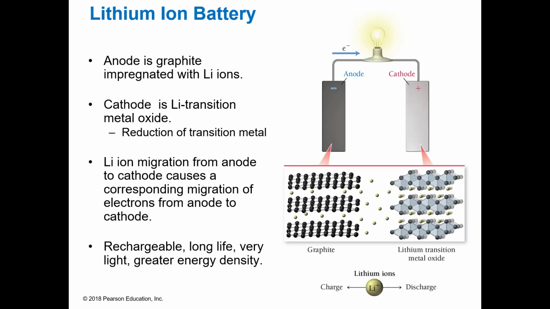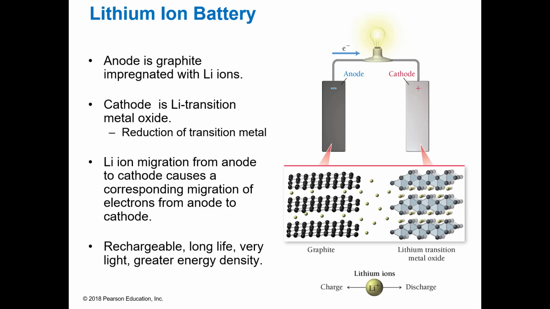Now, this is what everybody's interested in, the lithium ion battery. You have an anode, which is graphite, impregnated with lithium ions. The cathode is a lithium ion transition metal oxide, so lithium oxide if you want to think of it that way. The lithium ion migration from the anode to the cathode causes a corresponding migration of charge.